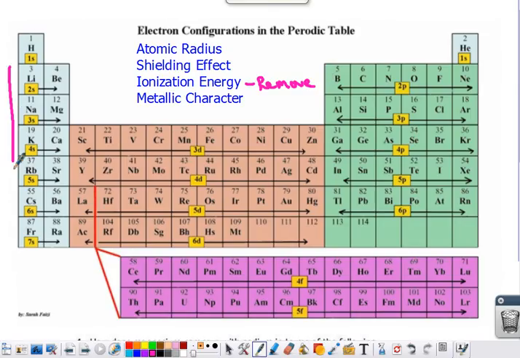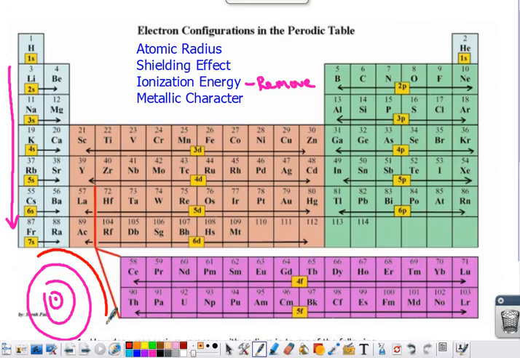As we go down, these elements keep having electrons farther and farther from the nucleus. And the electron on the outside is repelled by all these inside ones. So an electron that's maybe 4 layers out is going to be easier to remove on the 4th level than one that would have been only on the 2nd level.